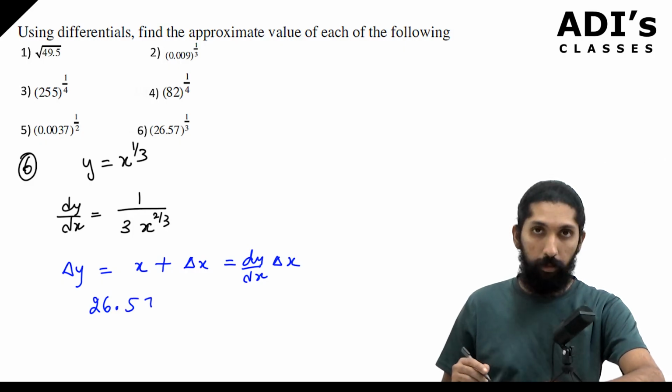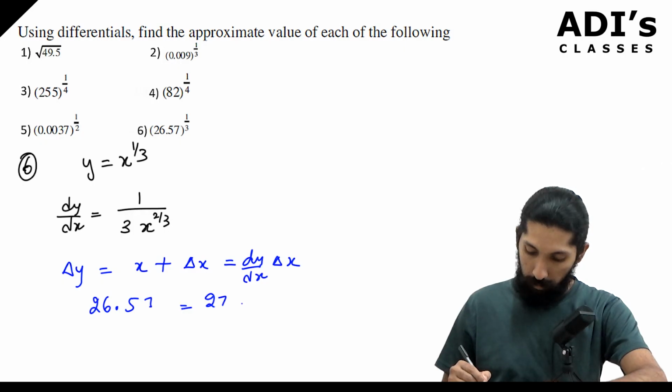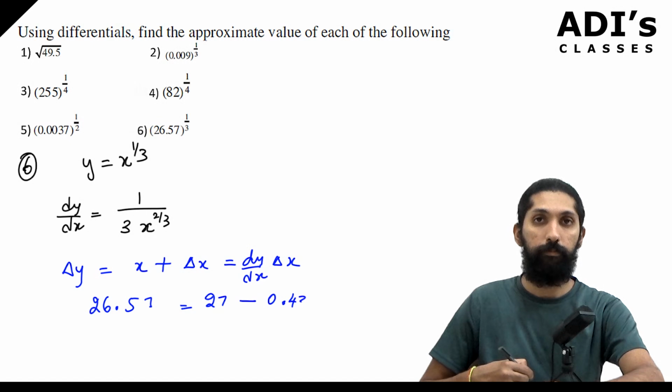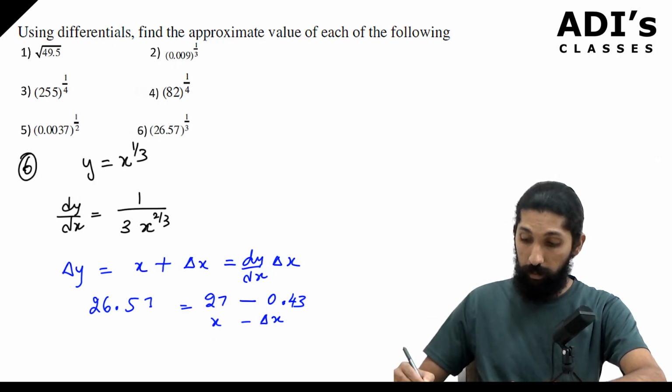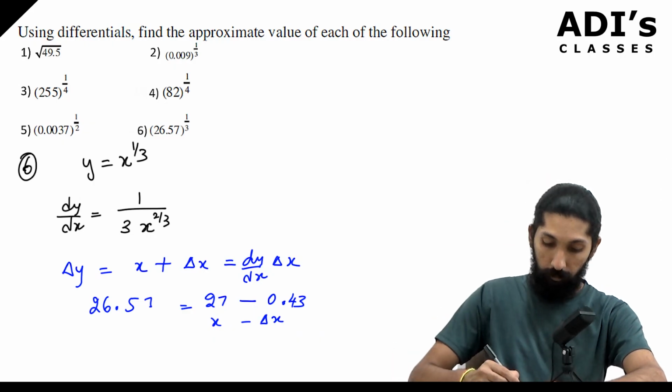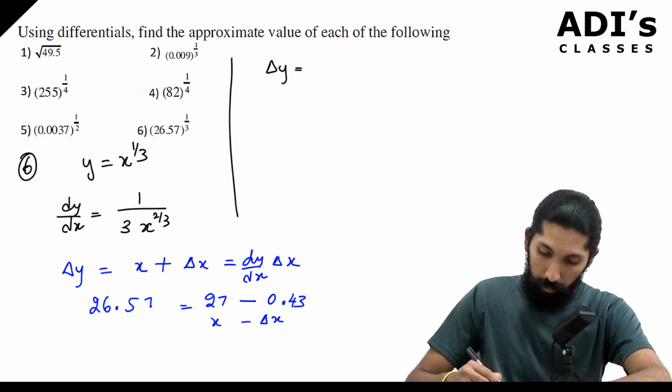Now see the number, you have 26.57, right, which is nothing but 27 minus 0.43. Yeah, so x minus delta x. So first we need to calculate the value and everything, right? For that, again apply. You have delta y is equal to dy by dx into delta x.